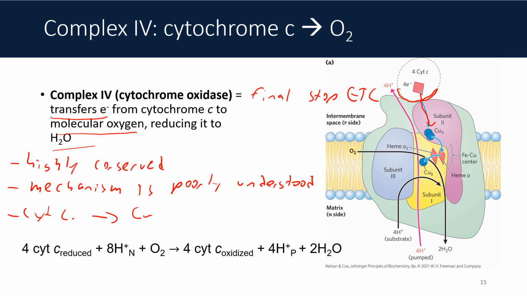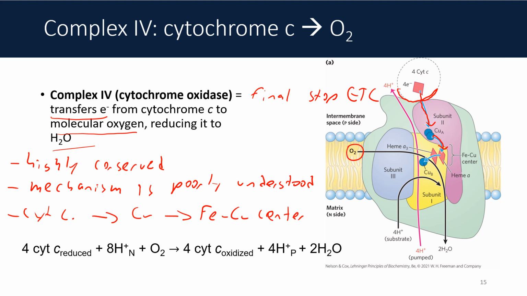From there, it's a short hop to this pair of hemes near this iron copper center. And that is going to be the site of oxygen reduction.